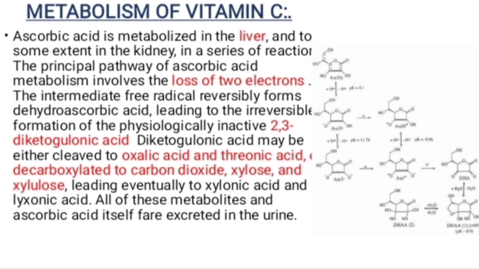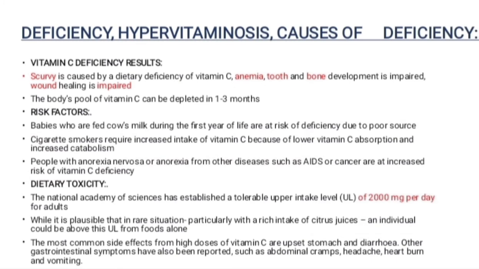Now come to deficiency, hypervitaminosis, and causes of deficiency. Deficiency of vitamin C can result in different types of illness as it has a major role as an antioxidant in different types of reactions. For example, it is mainly involved in the synthesis of collagen, requiring the conversion of proline into hydroxyproline.